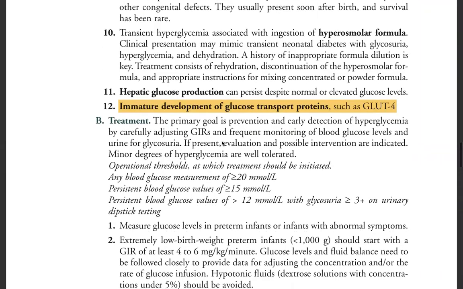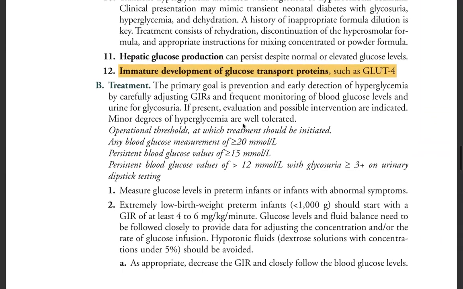Now treatment: when should you treat hyperglycemia? There are certain guidelines. If the blood glucose is persistently more than 20 millimoles, 20 millimoles is 360, since 1 millimole is 18 mg per deciliter, so you multiply by 18. Any glucose level more than 20 millimoles per liter, you have to treat with insulin.